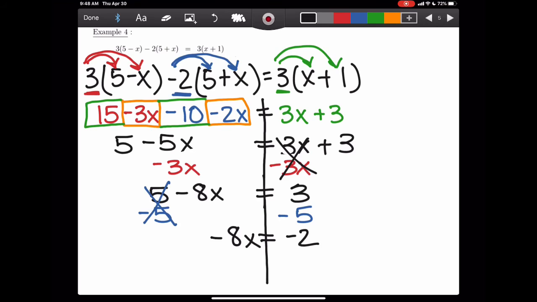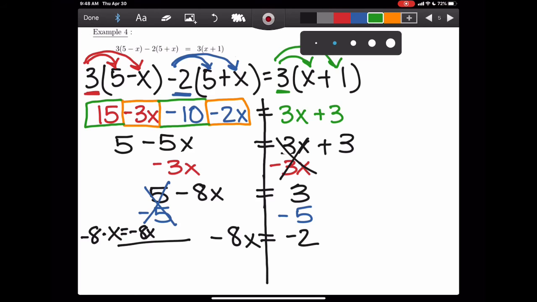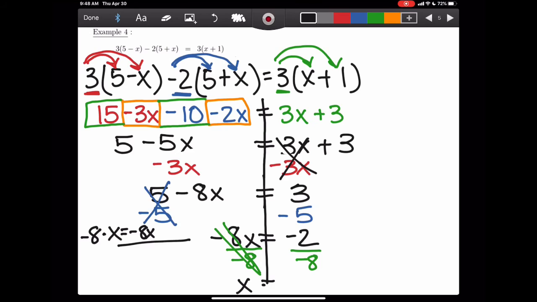And now I have a multiplication problem. Negative 8 times x gives me negative 8x. So the opposite of multiplication will be division. I'm going to divide by a negative 8 so I can get that x by itself. If I do it on this side, I must do it on this side. These will cancel out, and I will be left with x is equal to a negative 2 divided by a negative 8.